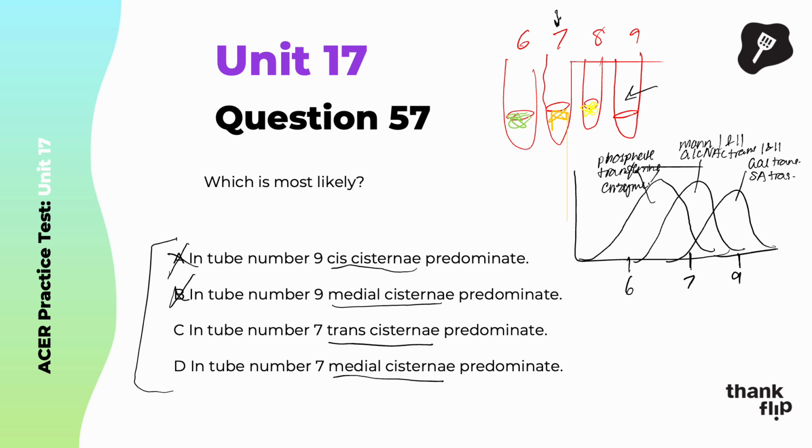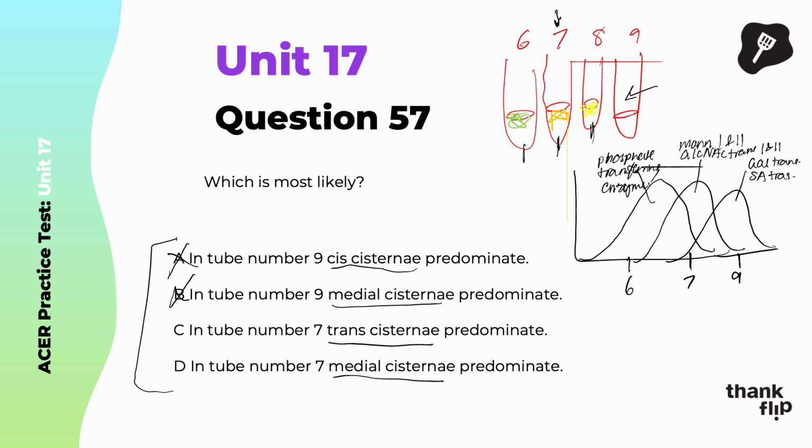Now, it is in the middle, so you could kind of assume that the middle one would be medial, just because these are sorted by density, and it's possible that the medial cisternae would have the middle density. That's just if you're in a pinch and you really need to guess and move on if you're running out of time. But let's look at the actual reasoning for this.